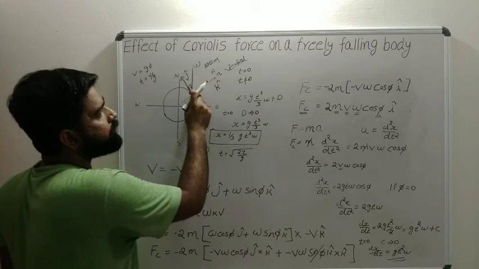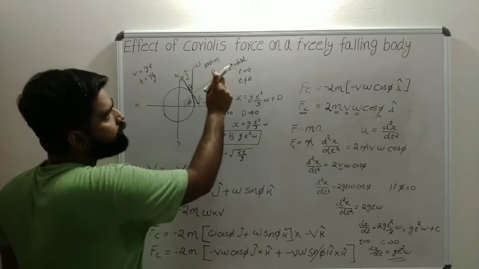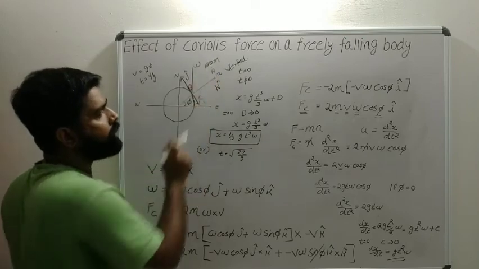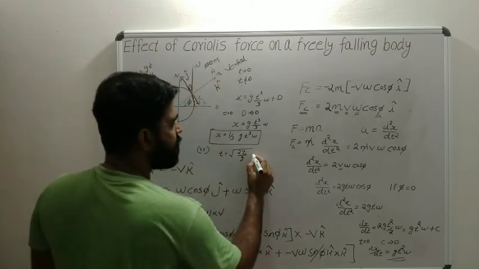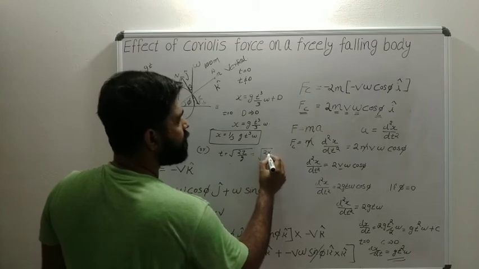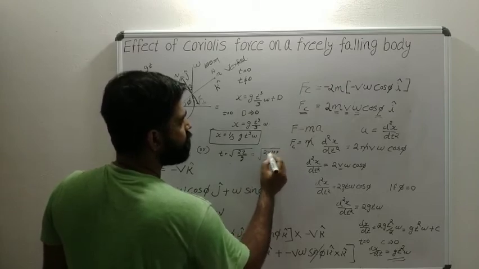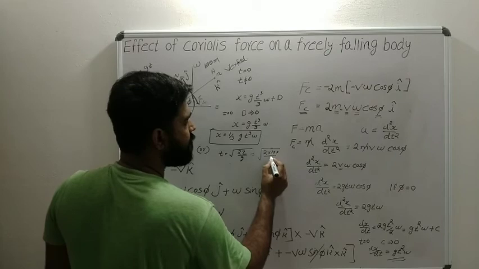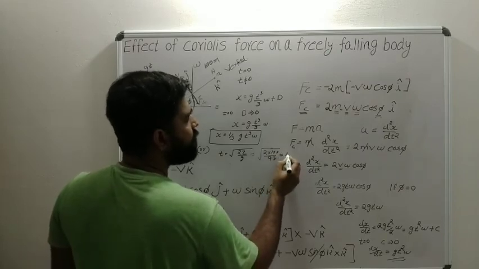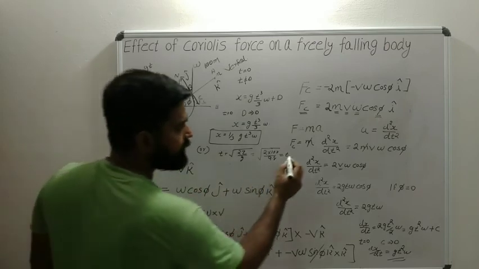So the distance between the object of mass m and the surface of earth is 100 meter. Then we can substitute the value here. Then we get root of 2 into 100 divided by g. What is g? 9.8. Then we get the value of t in seconds.